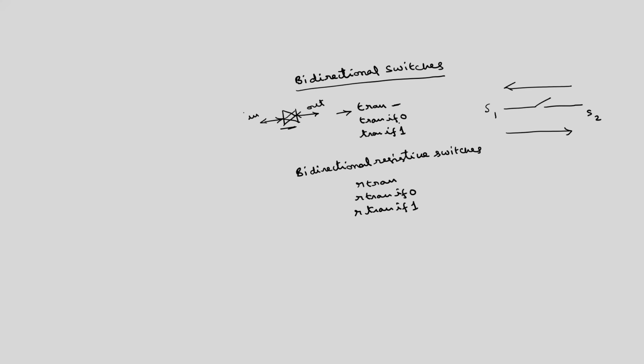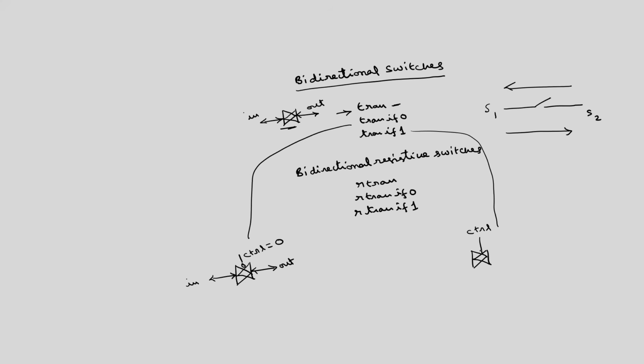Whereas in tran if 0, we can have a switch that will be closed if the control signal is 0. The data will then flow from input to output or output to input. Tran if 1 is the reverse, with a control signal without any bubble.